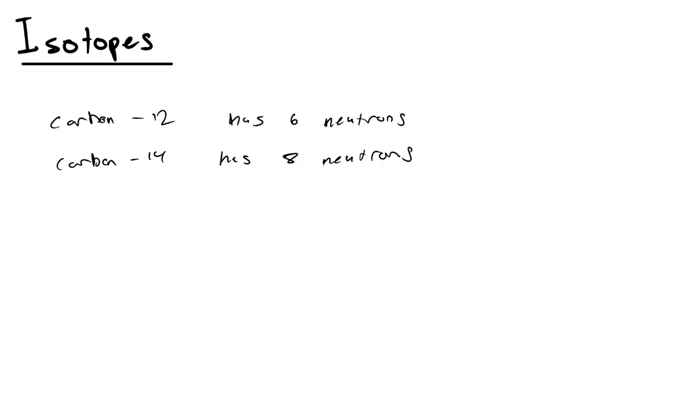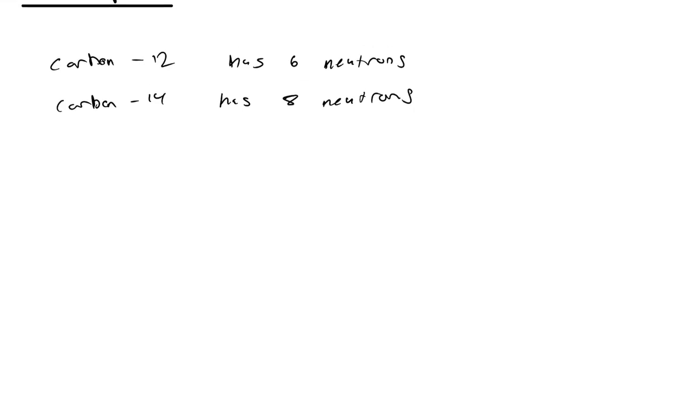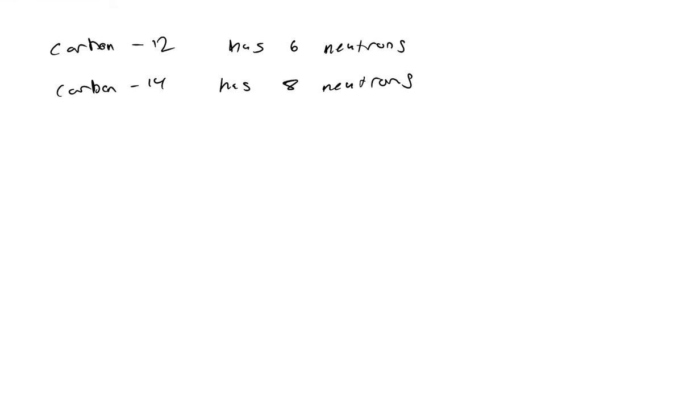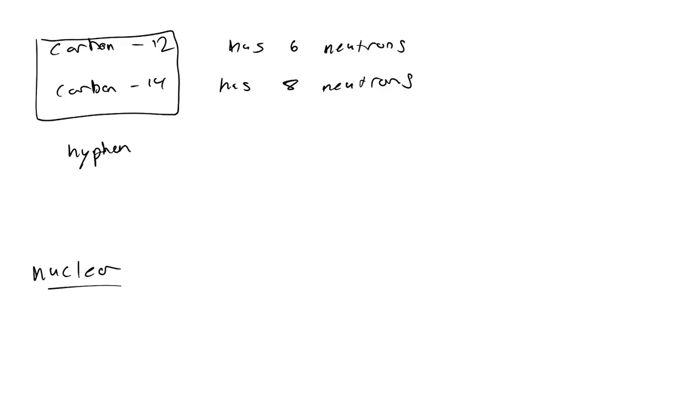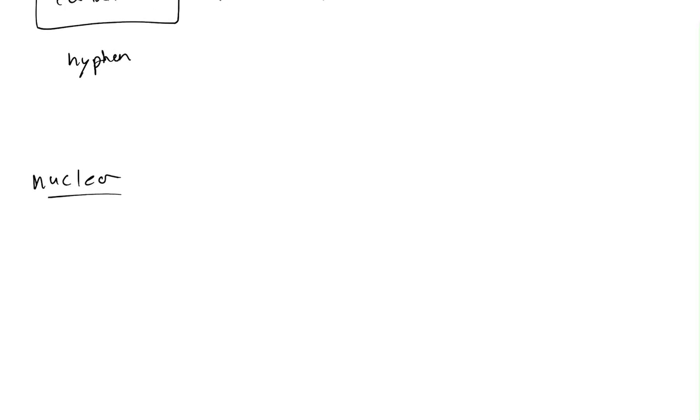Let's go over now the different notations for isotopes. So we have the hyphen notation and we have the nuclear notation. If we go over the carbon examples again, this is hyphen. Nuclear would be, we can do carbon again.